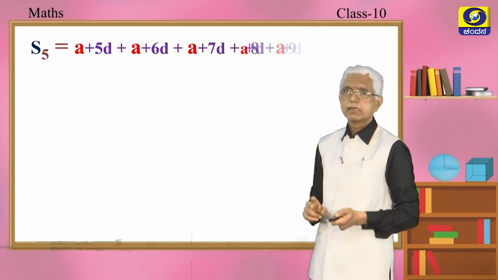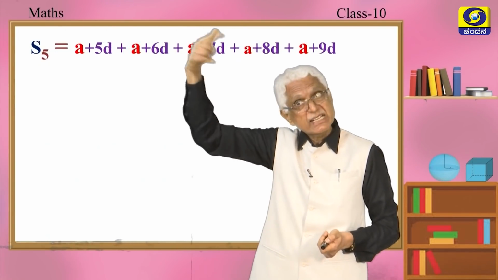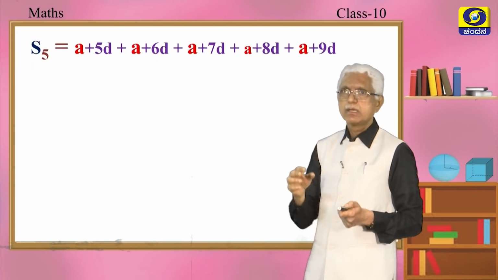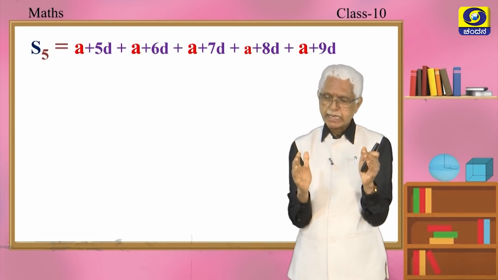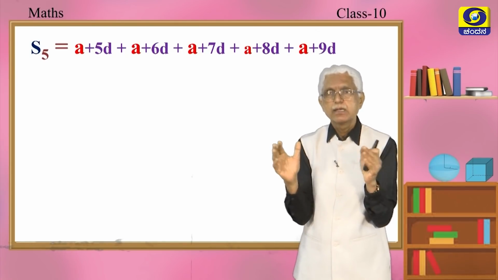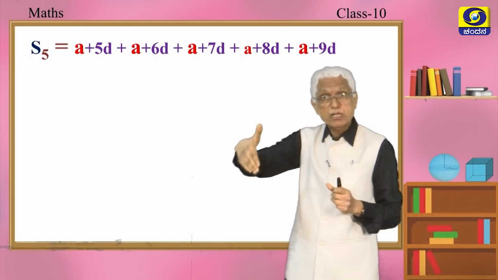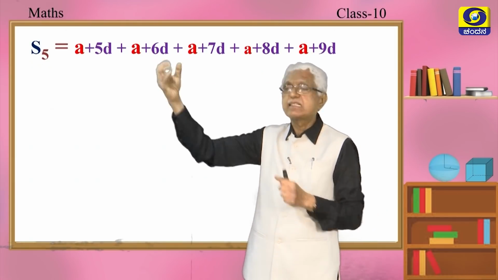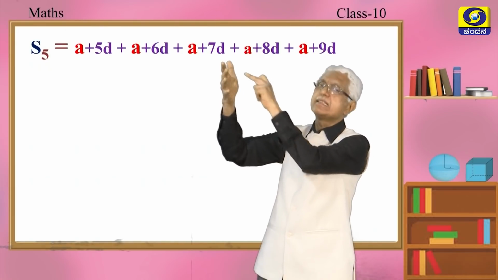Next, children, they gave you that the sum of the next 5 terms is 125. First 5 terms, A plus D, A plus 2D, A plus 3D, and A plus 4D. Next means 6th, 7th, 8th, 9th, 10th terms, correct?